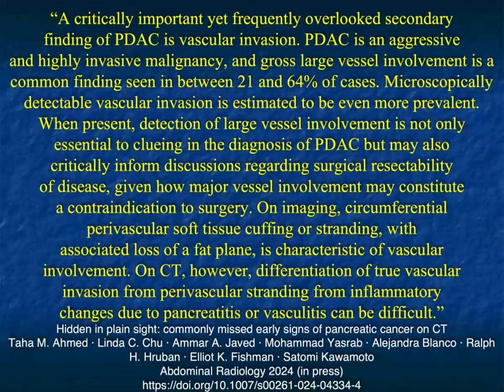On imaging, circumferential perivascular soft tissue cuffing or stranding with associated loss of a fat plane is characteristic of vascular involvement. On CT, however, differentiation of true vascular invasion from perivascular stranding from inflammatory changes due to pancreatitis or vasculitis can be difficult. And it seems to me that we're seeing a lot more cases of vasculitis. Patients present with abdominal pain, and you're thinking pancreatic cancer may be one of the processes.